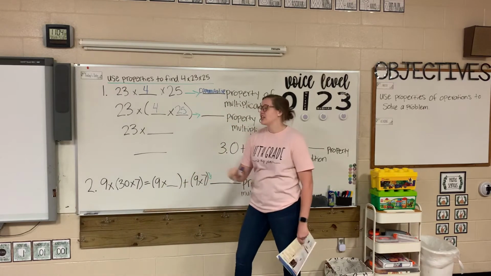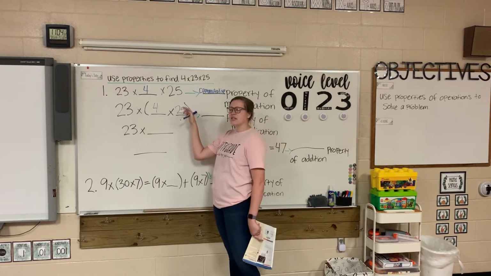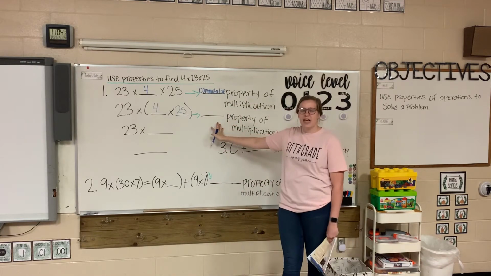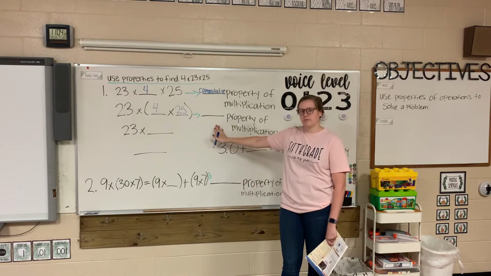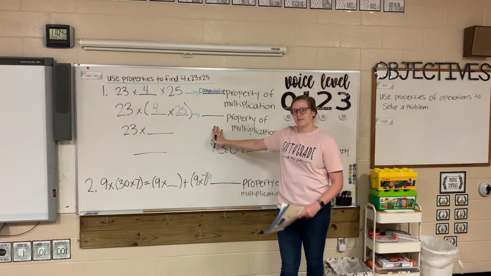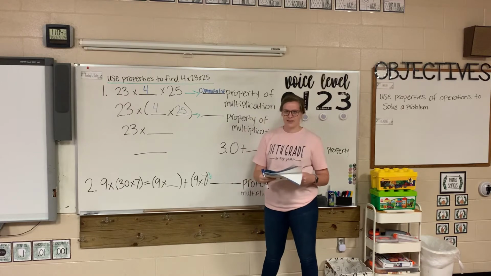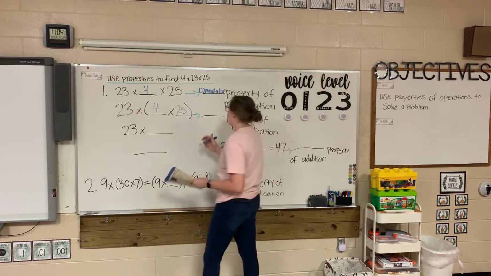Even though we didn't change the order of our numbers, we changed the grouping of our numbers. So what property of multiplication are we using to solve this problem? Commutative, associative, or identity? That's right, the associative property.